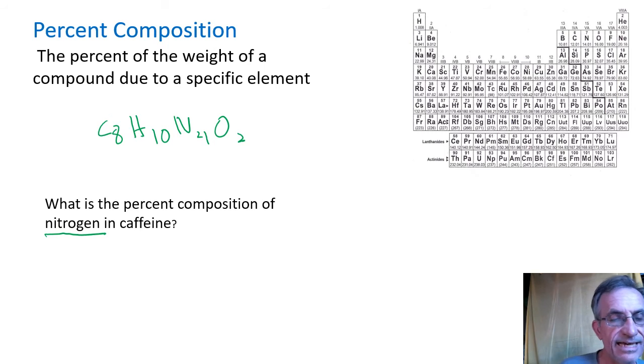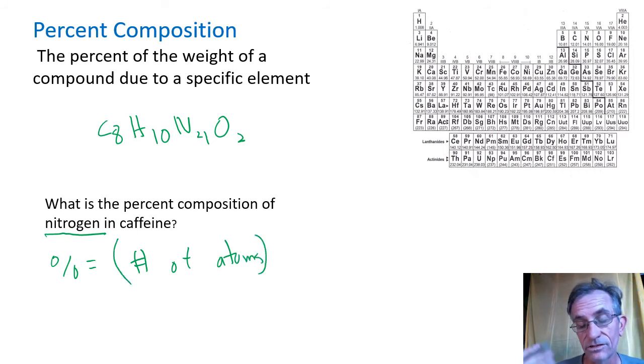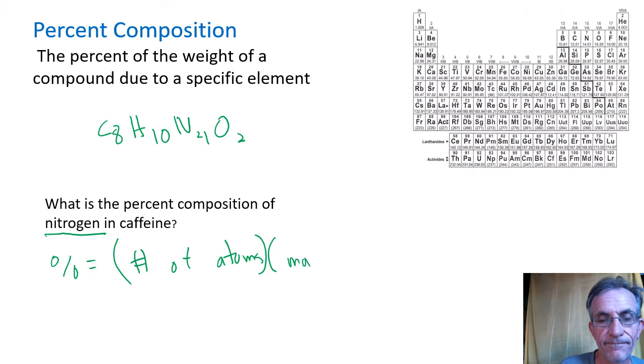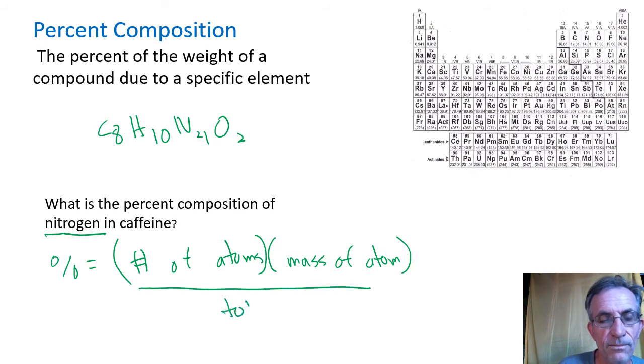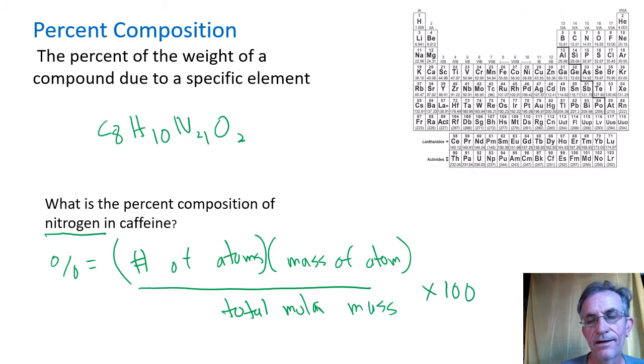The way you find that is the number of atoms of whatever element we're talking about, in this one nitrogen, times the weight of that element, that atom, divided by the total molar mass, times 100.